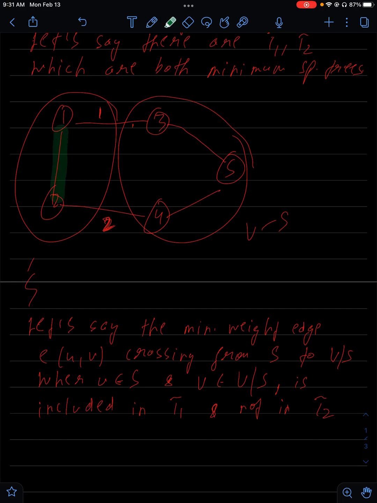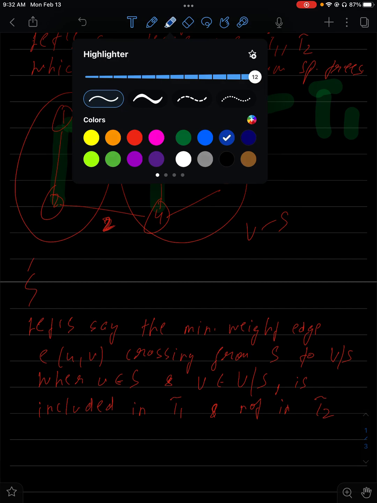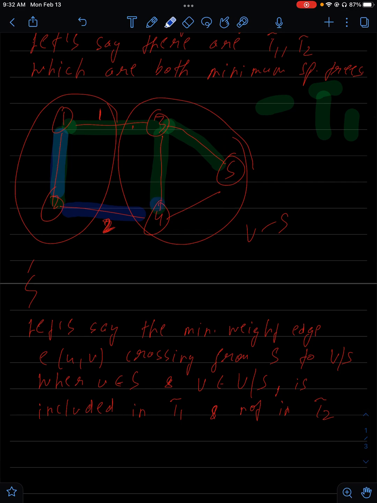T1 will have this, this, and this: 1, 2, 3, 4. So this is our T1. Let's draw another tree here, which will be our T2. This is visited, this, and this.